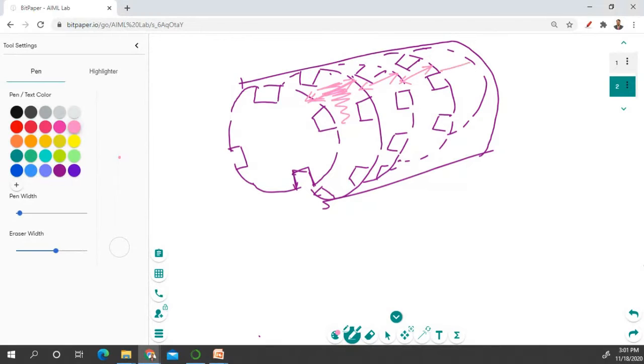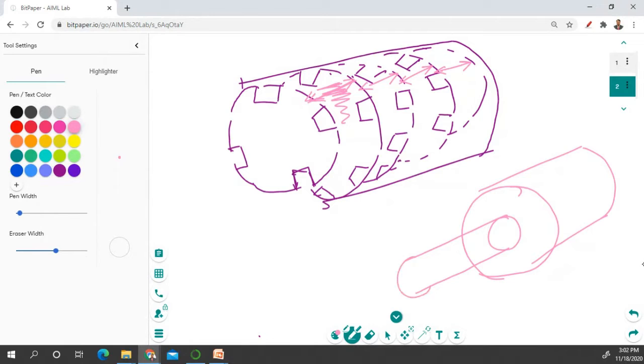So it will make a rotor like this, and inside this rotor we have to place the shaft, and on the outer portion we have to connect aluminum plates.